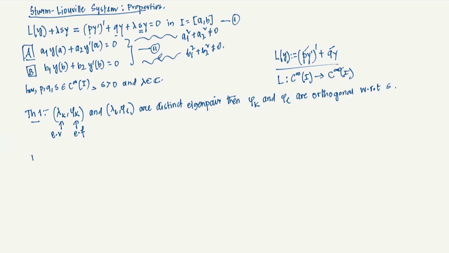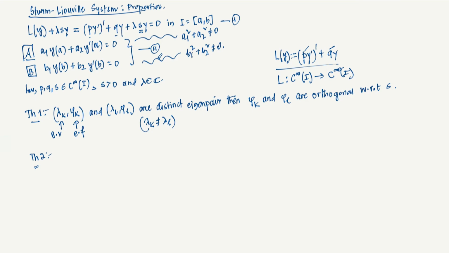Now we are going to explore more such relations. First of all, we have two distinct eigenvalues, so here we are assuming lambda k is not equal to lambda L. What is the relation between the eigenfunctions? They are orthogonal.